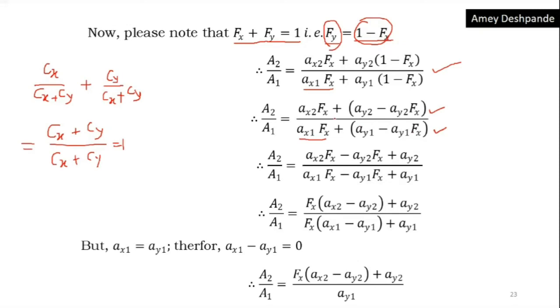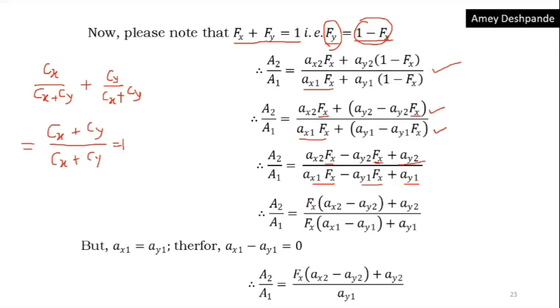Now please open the brackets and bring terms containing fx together. See, I have taken these two terms containing fx near and ay2 at the end. Similarly over here, these two terms containing fx taken together, ay1 at the end.